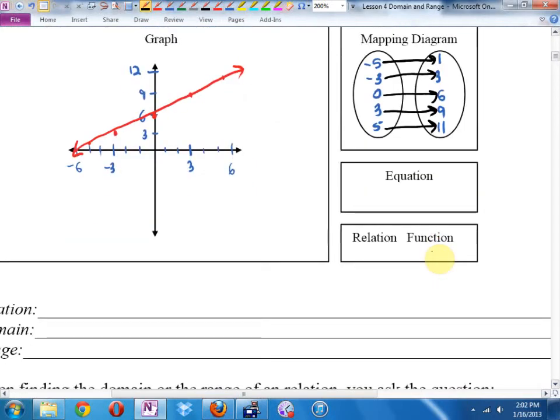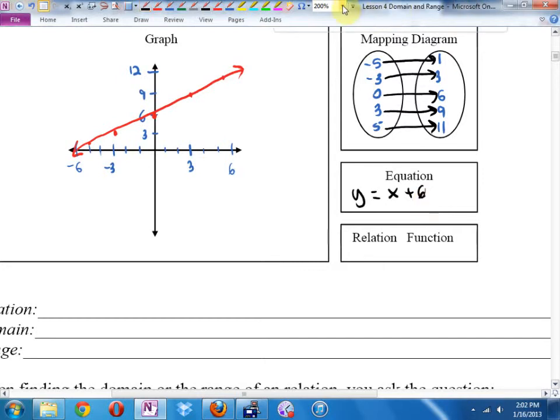What if I wanted to write this as an equation? The y value equals the x value plus 6. And then there's a box right underneath it. What it wants us to do is circle whether this is a relation or a function. That's part of today's lesson, so hold on.